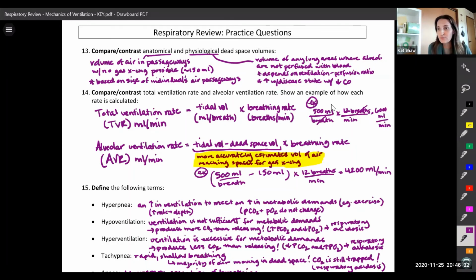So let's assume that the individual is an average-sized male and they have a dead space volume of 150. Then we just subtract that dead space from their tidal volume. So 500 milliliters minus 150. We'll use the 12 breaths per minute, and we're going to get a lower ventilation rate, having accounted now for that dead space volume, at 4,200 milliliters per minute.